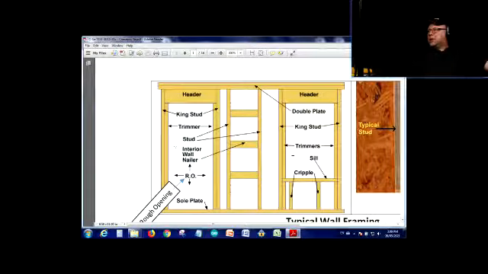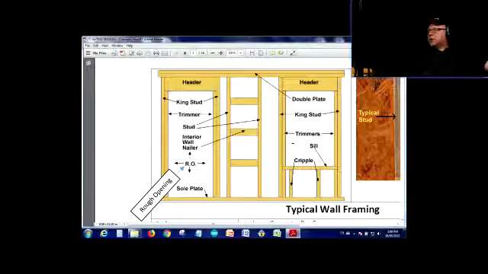In this area you see something called RO, which stands for rough opening. This would obviously be a door, so it's framing designed to accommodate a door.